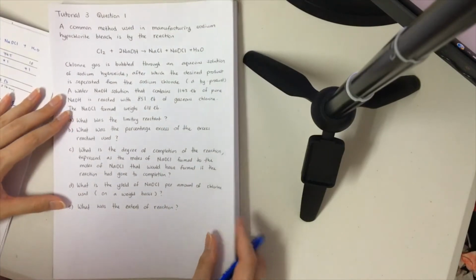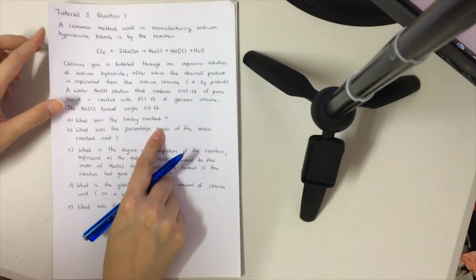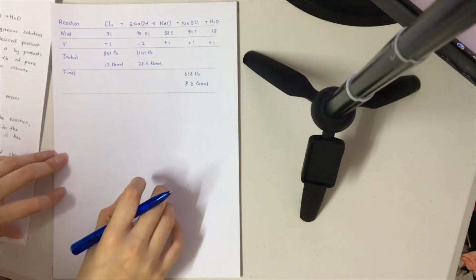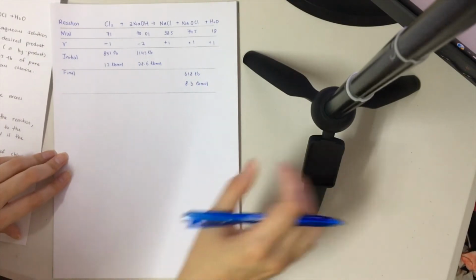So for part A, what was the limiting reactant? To find the limiting reactant, we need to calculate the extent of reaction at the maximum.